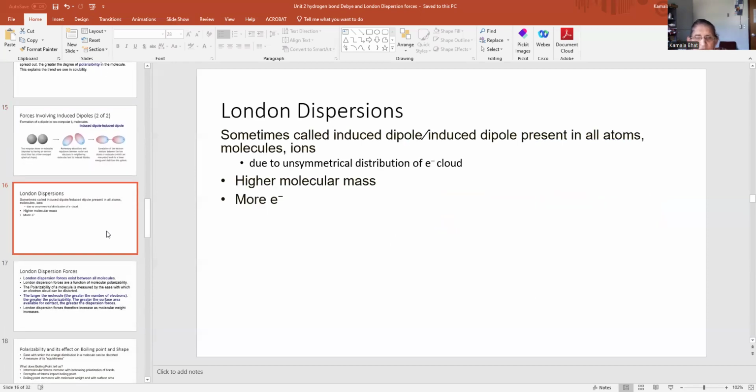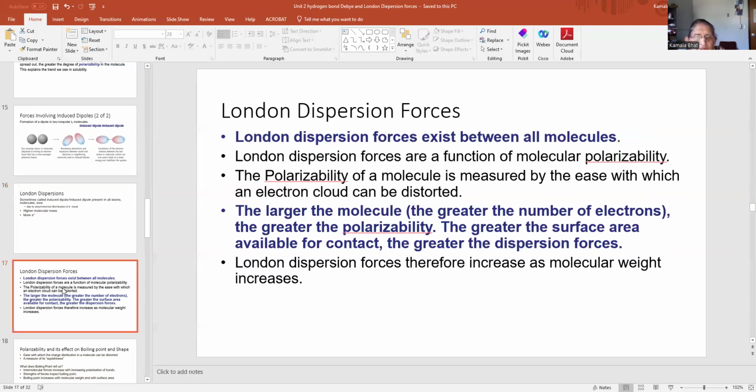London dispersion forces, sometimes called induced dipole forces, are present in all atoms, molecules, and ions due to the unsymmetric distribution of the electron cloud; a higher molar mass means more electrons. Continuation: London dispersion forces exist between all molecules. The dispersion forces are a function of molecular polarizability.